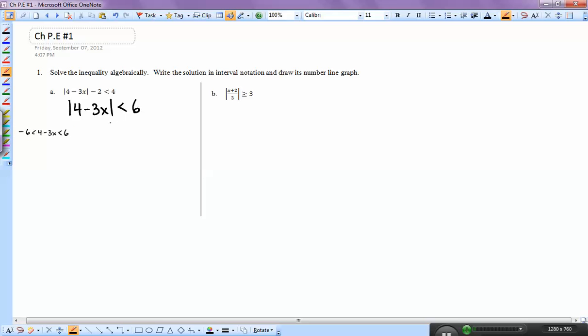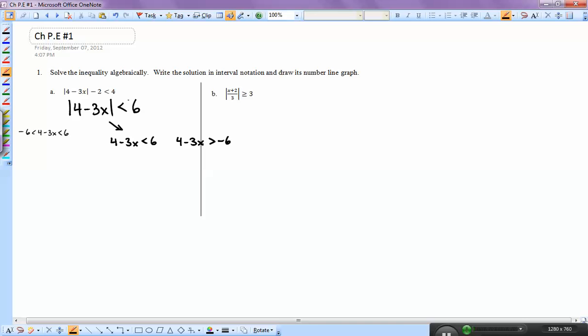Some students prefer to split it into two different things, where it turns into 4 minus 3x is less than 6, and 4 minus 3x is greater than negative 6. That's fine if you want to do that, but anytime you split an inequality like that with absolute values, you got to tell me and or.